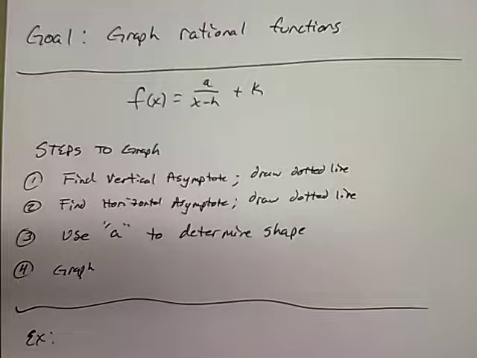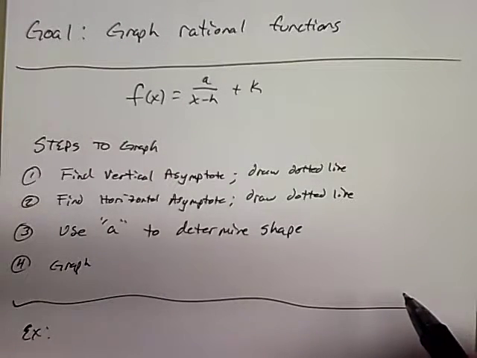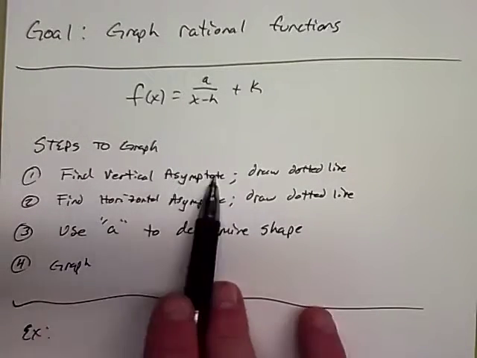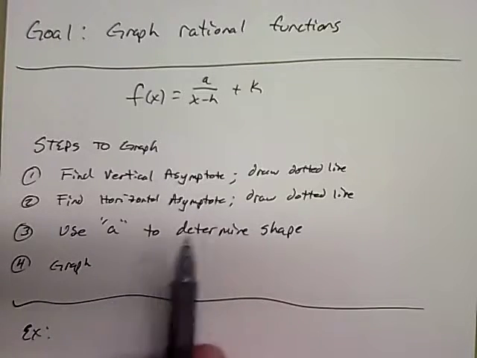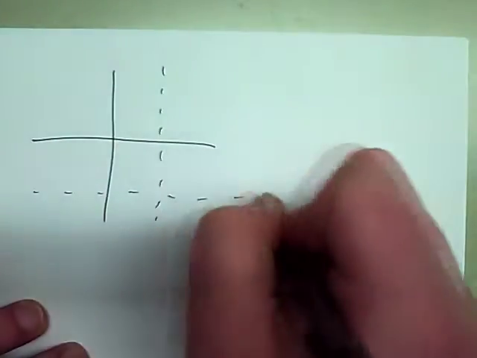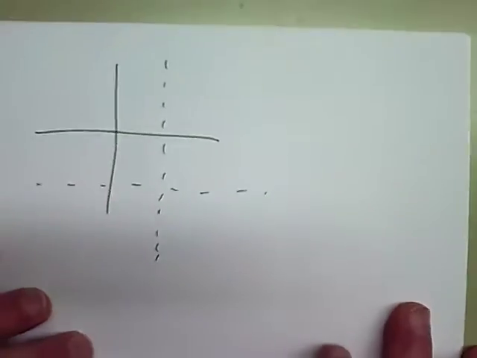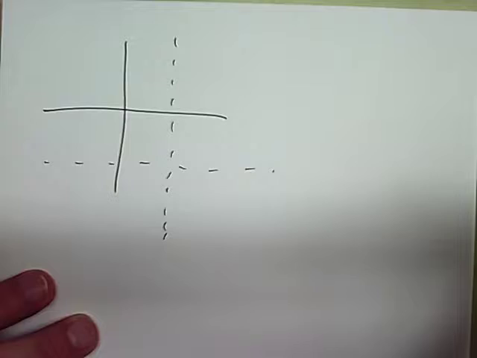Actually, I want to write this out here. Because we know how to find the vertical, we know how to find the horizontal. What does this A mean? So let's take a look. If I have some graph, and I'm going to be really sloppy with this, but let's say that we have found our vertical, horizontal asymptotes.